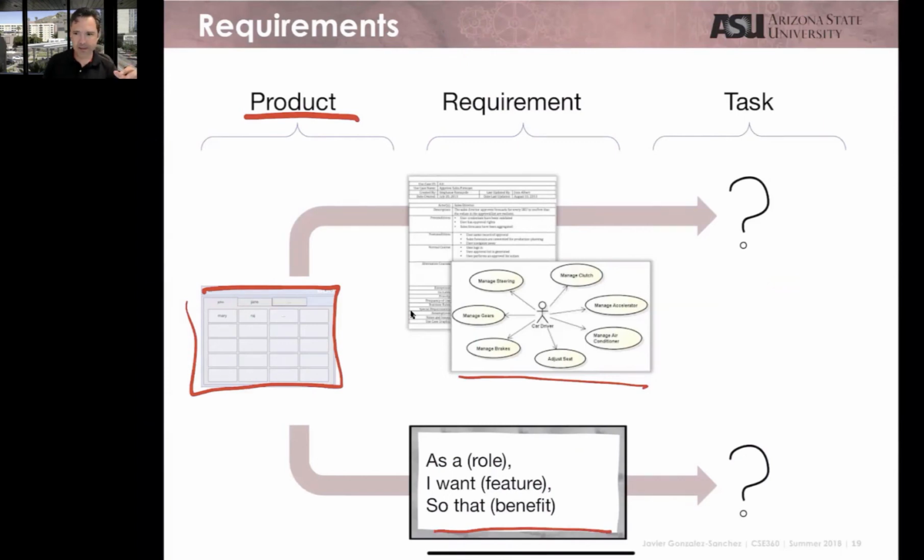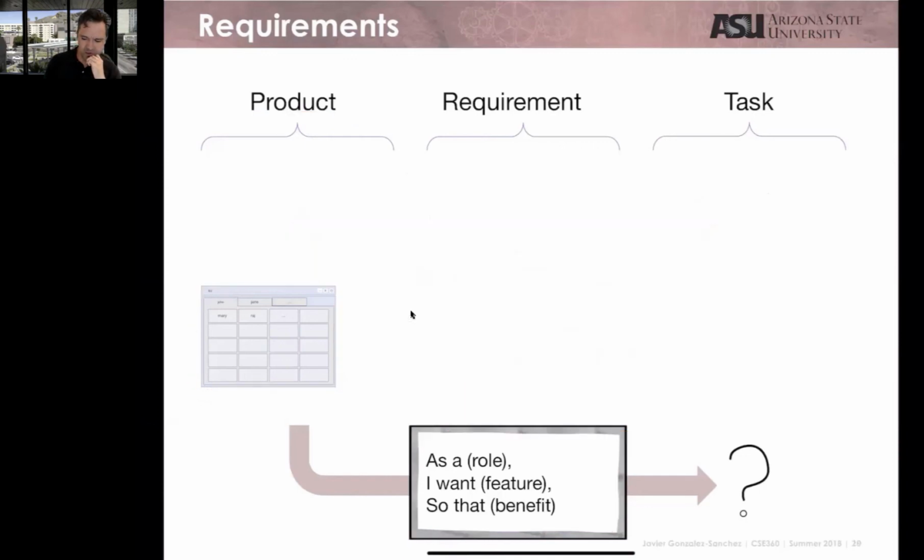As you notice, it doesn't matter which one you use. Each of these ovals here is equivalent to one of these cards. Each of the ovals is a requirement. Each of the cards, each of the user stories, is one requirement. When you work with Agile, usually people work with this option. User stories are kind of the Agile way to document requirements.